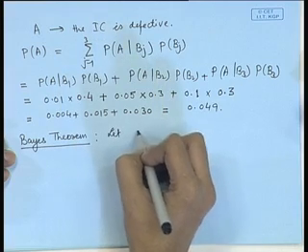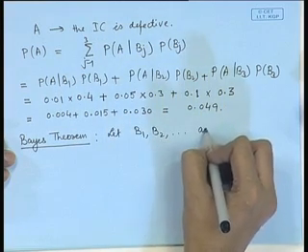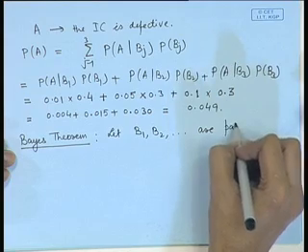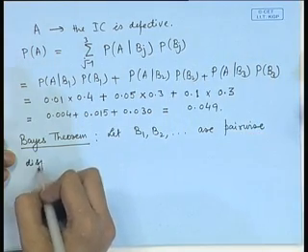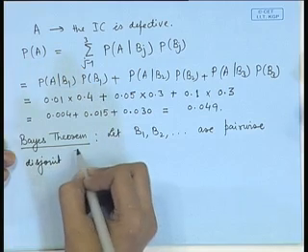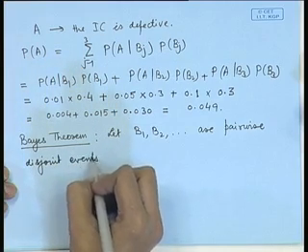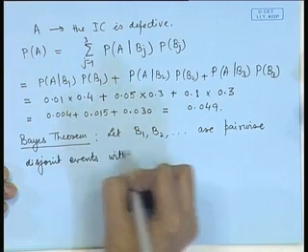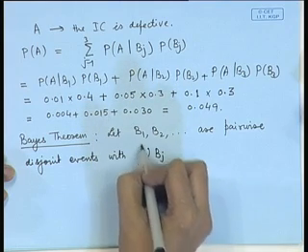Suppose B1, B2 etc. are pairwise disjoint events with union of Bj equal to omega.